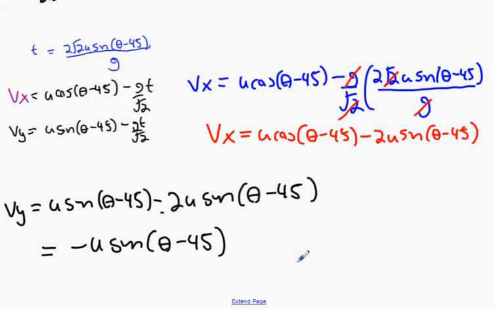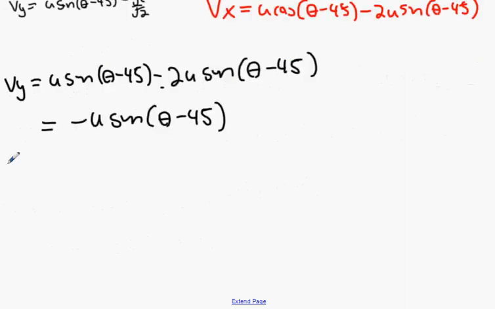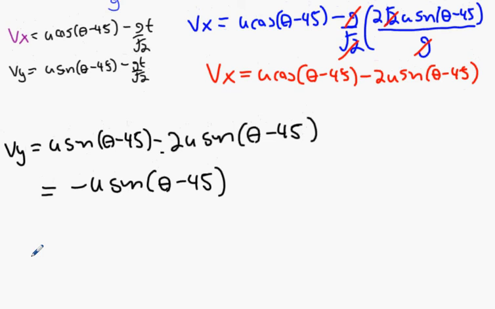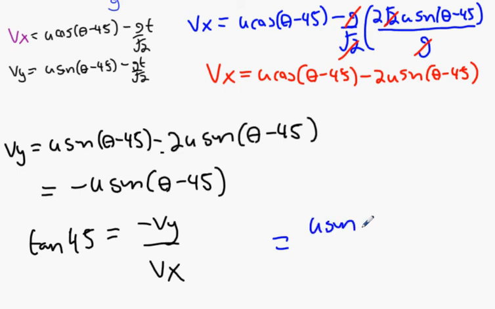Okay? Now, do you remember we spoke about the landing angle earlier? The landing angle, tan of the landing angle. What is our landing angle this time around? It's tan 45. And tan 45 equals minus phi y all over phi x. And if you ask me, minus phi y is u sin(theta minus 45).